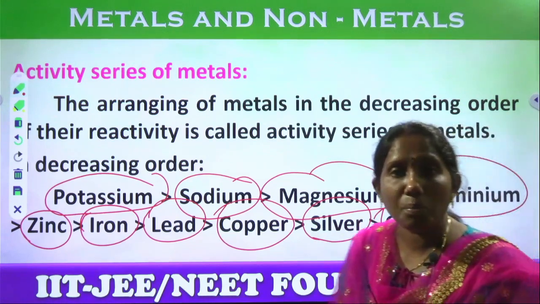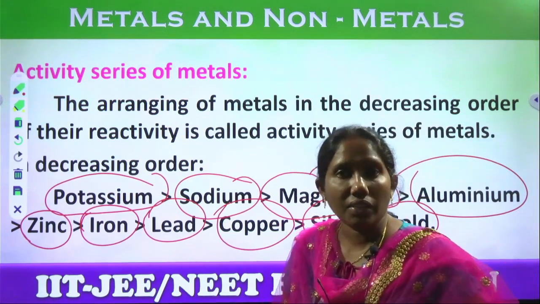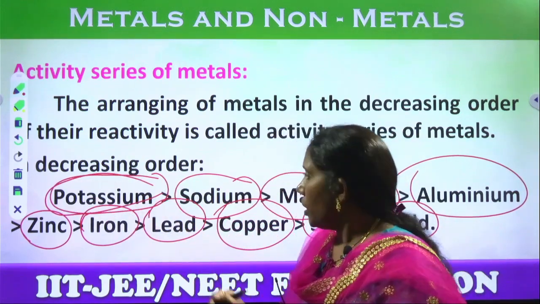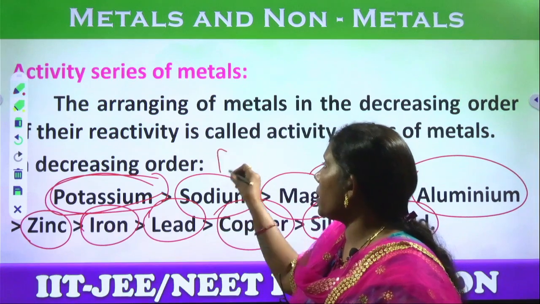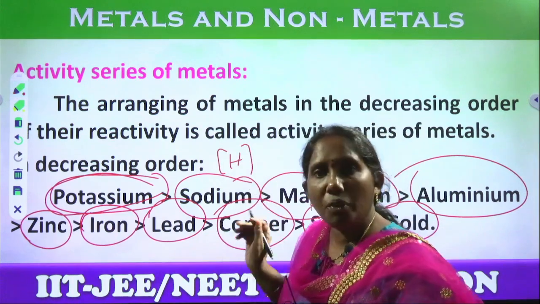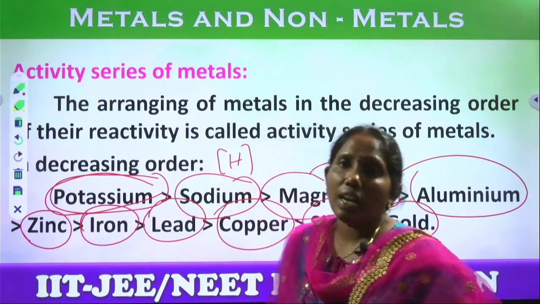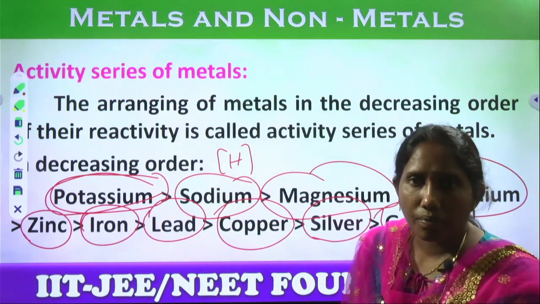Gold is in the last position. This is the reactivity series. See here, in between lead and copper there will be the hydrogen. Before the hydrogen those are highly reactive, after hydrogen those are less reactive, we can say.